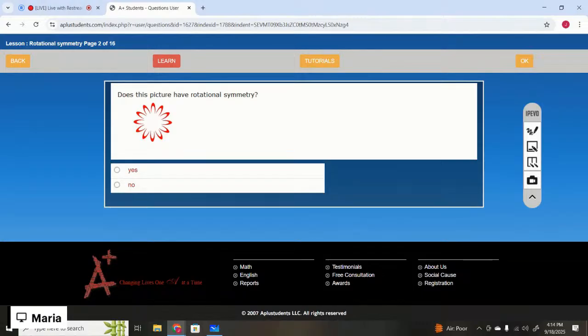Does this picture have rotational symmetry? Yes, it does. If you rotate it by half, 1/4, or 1/3, it looks exactly the same.